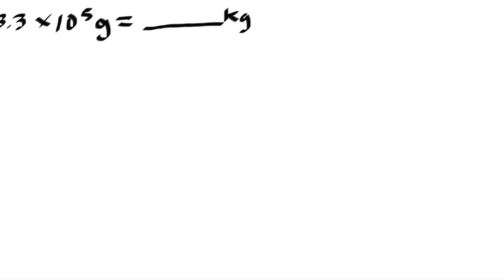All right, so let's take a look. First, we have to look at the relationship between gram and kilogram. So let's look at the red number. Let's do a red way. For every, there are 1,000 grams in 1 kilogram, right?